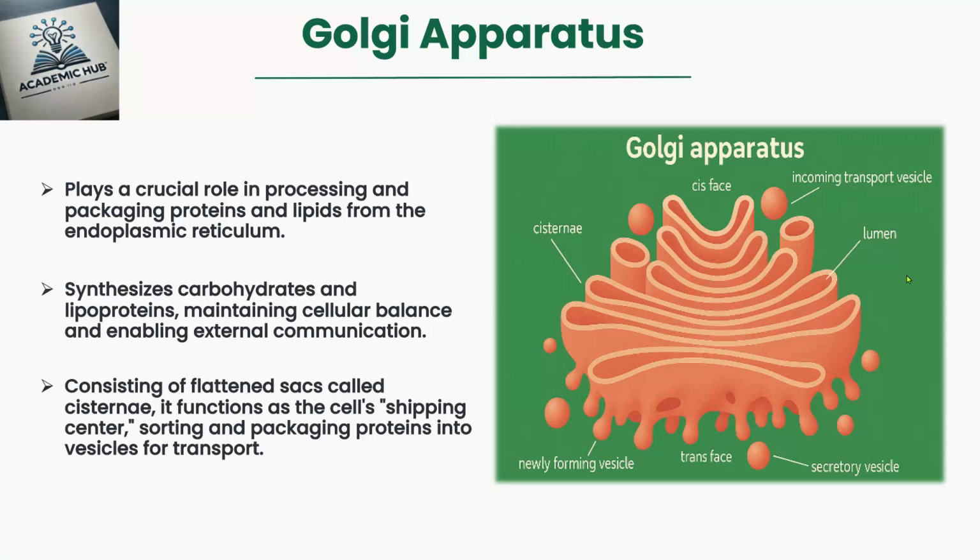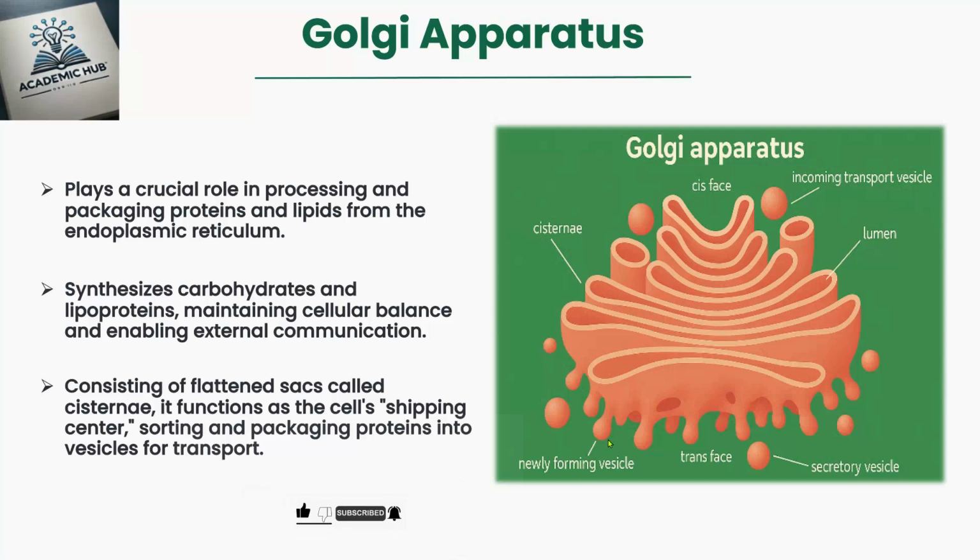Vesicles, as I already stated in the structure, this is the incoming transport vesicle and this is the newly forming vesicle. In the newly forming vesicle the material should be intact, and the transport vesicle is ready to go to their final destination.